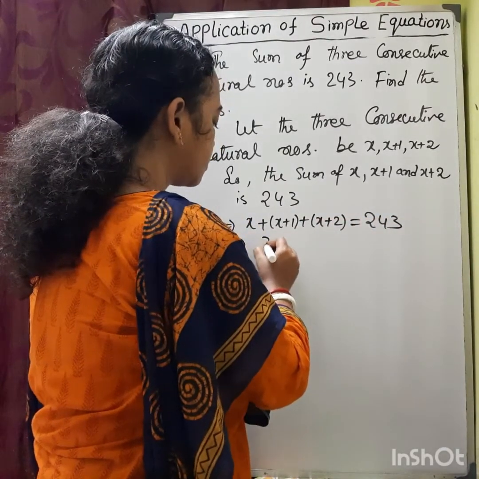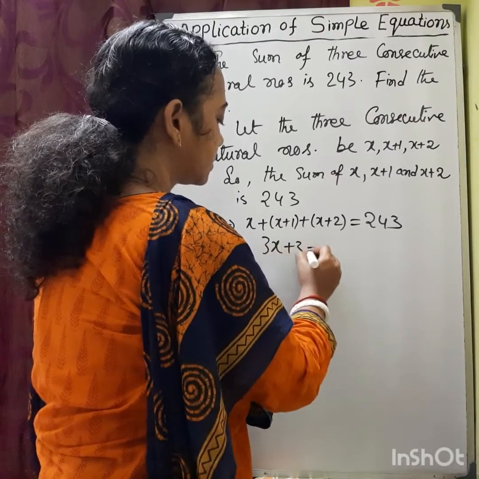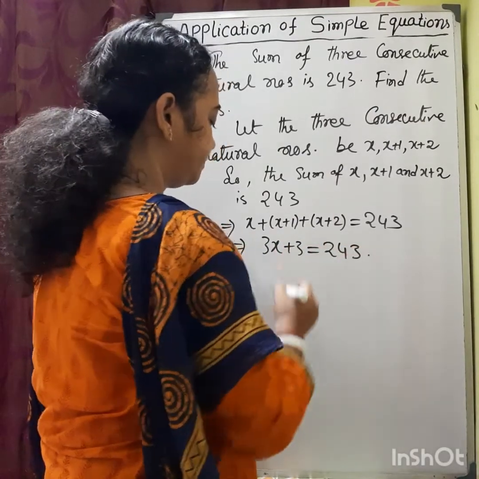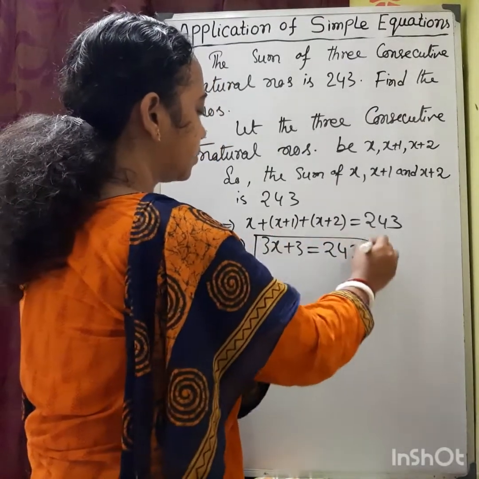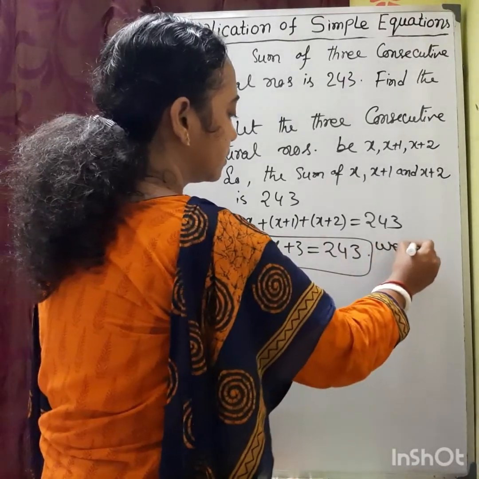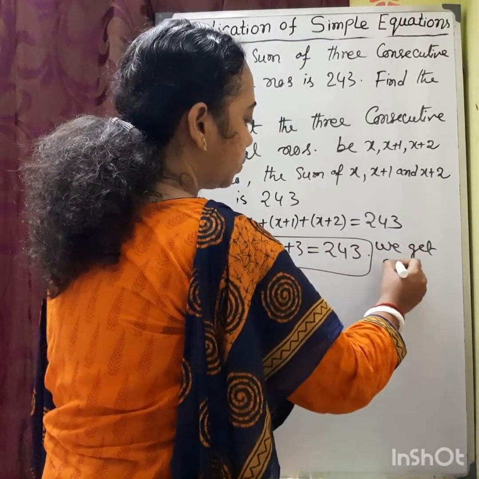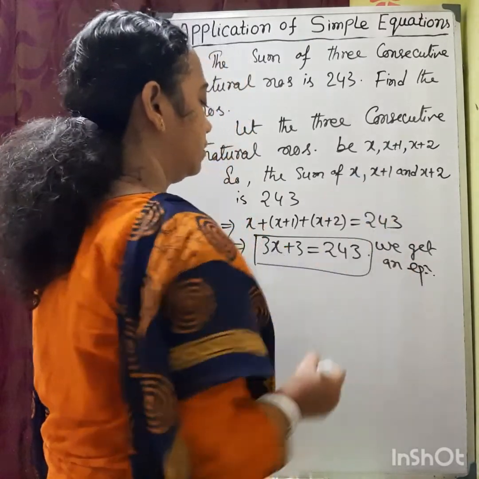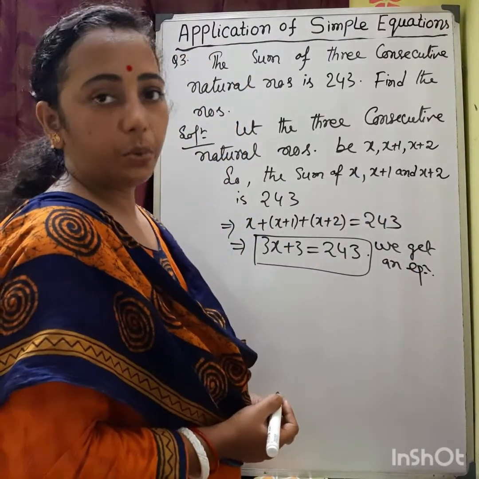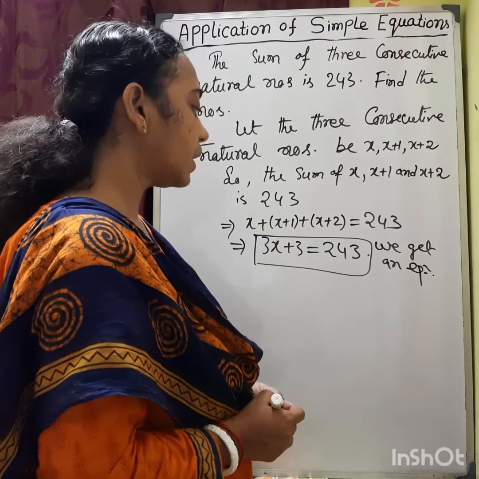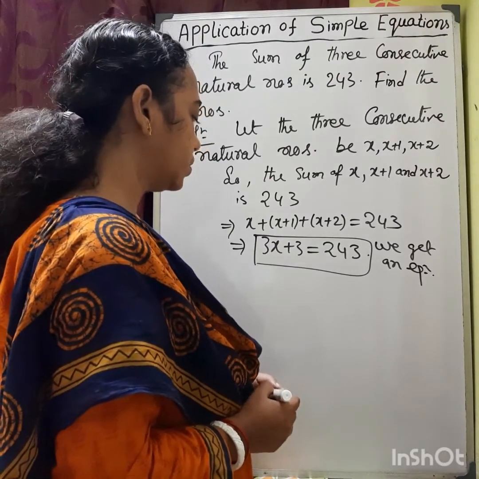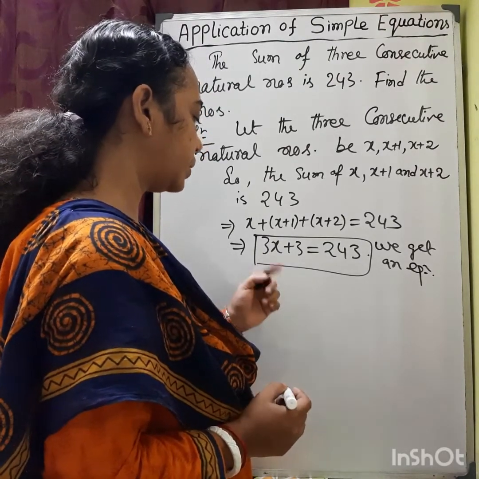So this implies 3x plus 3 is equal to 243. So here an equation is formed. Now let us solve this equation to find the unknown quantity, that is the variable x.